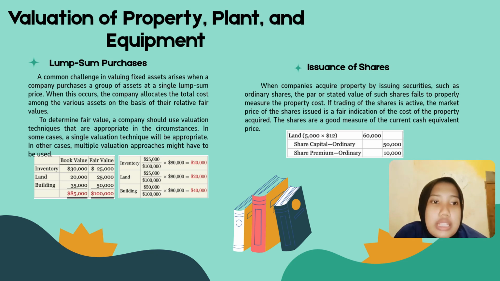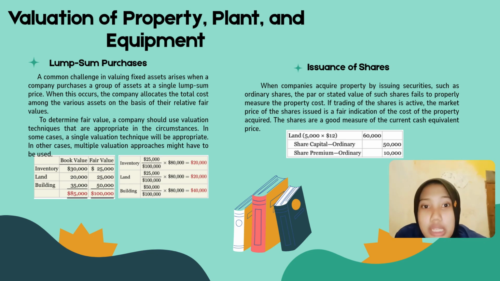Then there is the allocation of purchase price. We divide the fair value of each asset, for example the inventory, by the total fair value, and then multiply it by the $80,000, and then we get the allocated cost. And then the fourth one is issuance of shares.